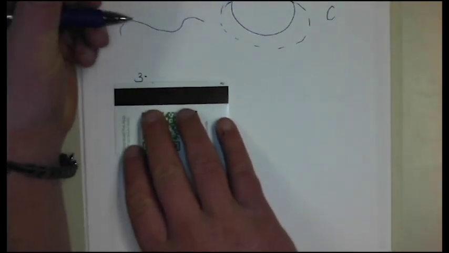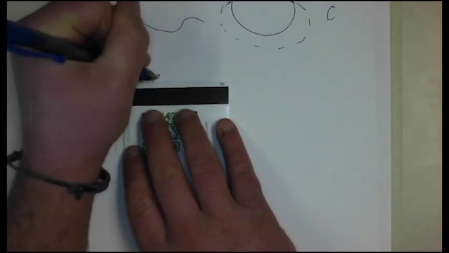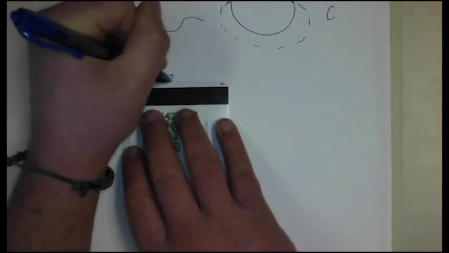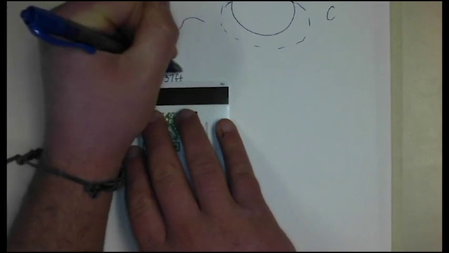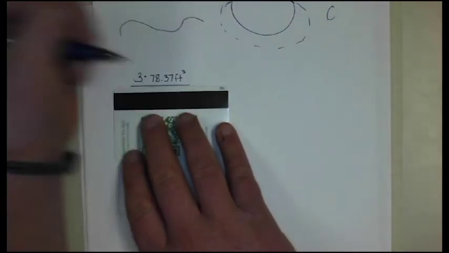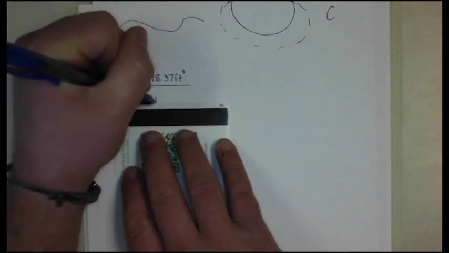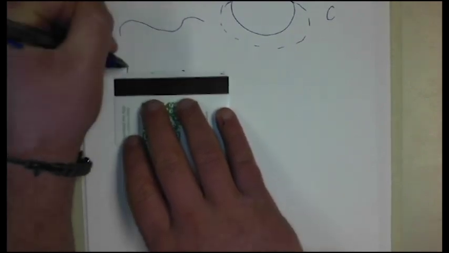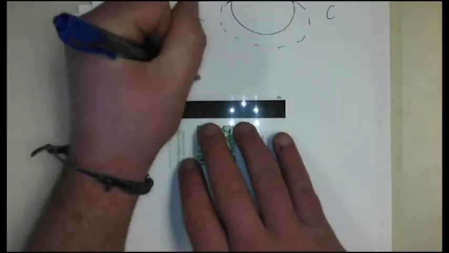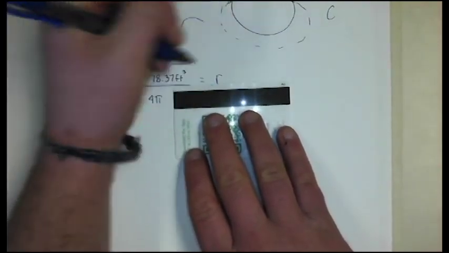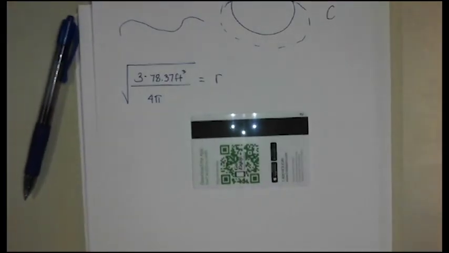3 multiplied by 78 and 37/100. Again, putting the units in there, this is in cubic feet. And we're going to divide that by what from our equation? 4 pi. Taking the cube root of all this is equal to r. So I again will pull up my TI-83 simulator, turn it on here.